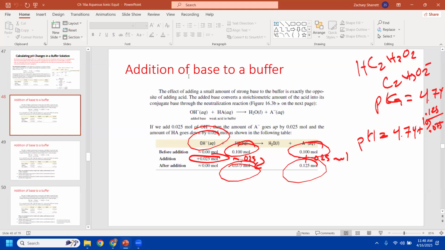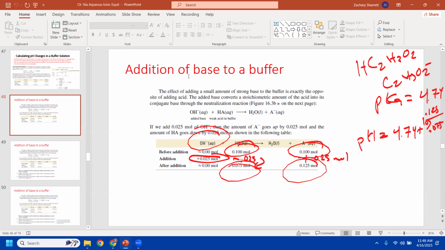One problem with this. What's the problem? This is the number of moles and not the concentration. Any fix to that? If you have 0.125 in relation to 0.075 and you're in the same solution, does it matter if we're in moles or concentration?